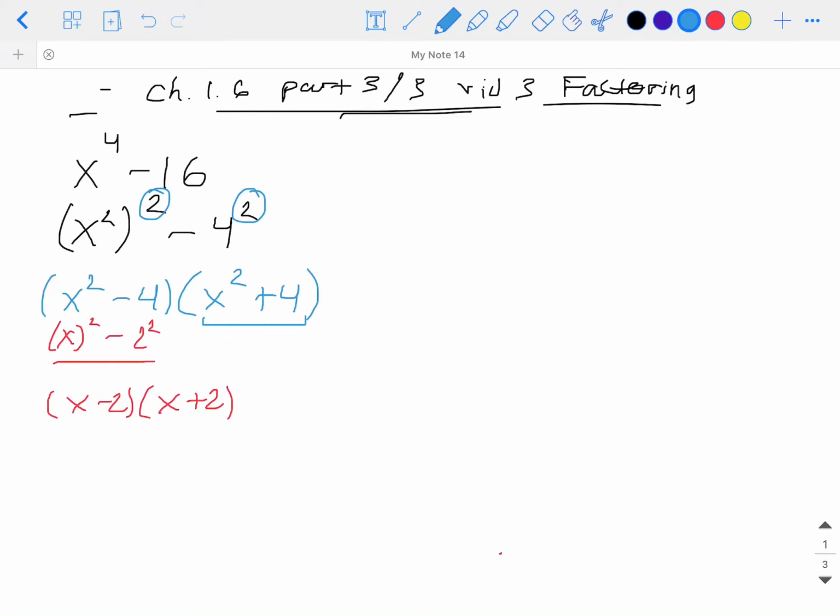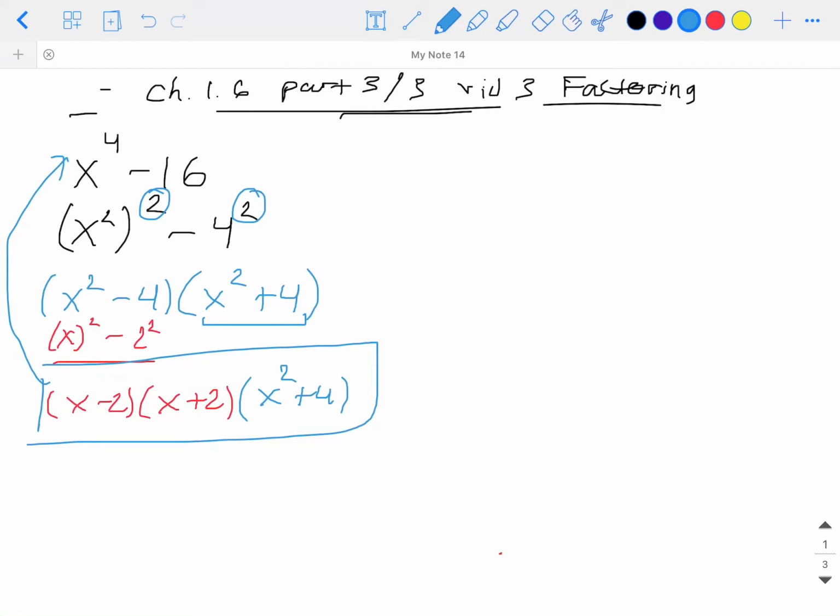Unfortunately, there is no algorithm for the sum of perfect squares, so we can't do anything else with x squared plus 4. It just remains x squared plus 4. So therefore, this is the simplified version of x to the 4th minus 16.